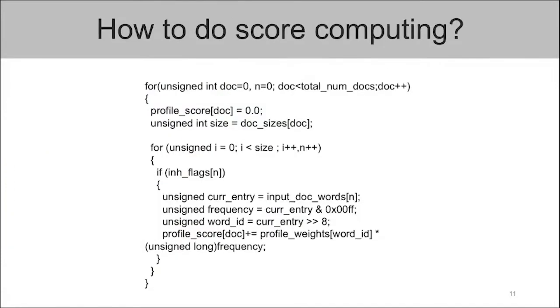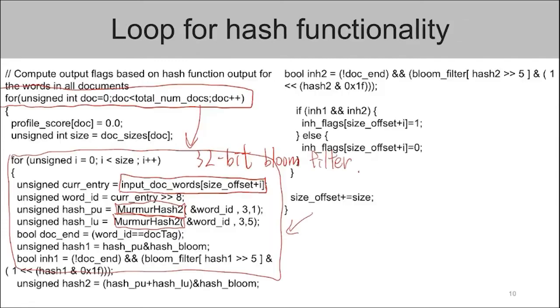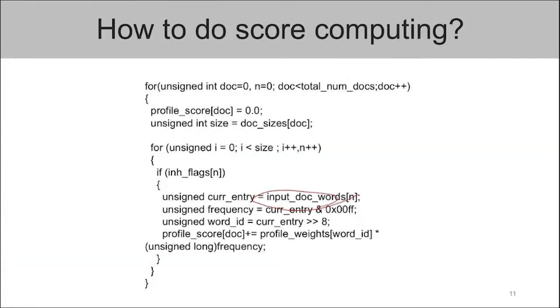And after we compute every document with every hash, we will get, let's say, one document and 32 words. In each word, we read it and compute the word into an entry and take the entry into a word ID.